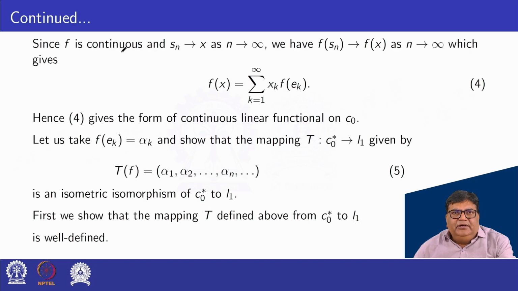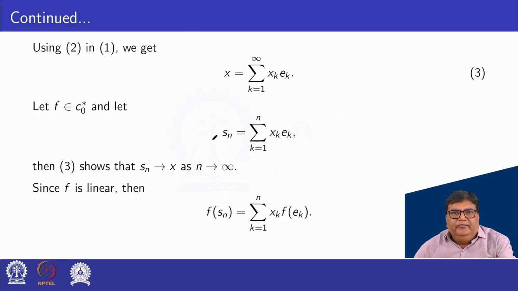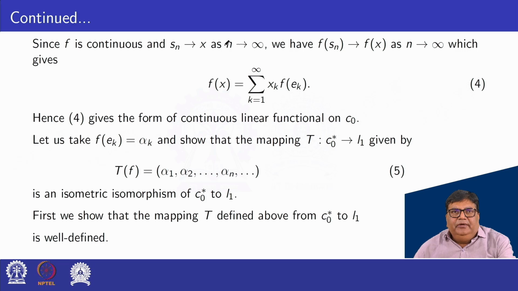Since f is continuous and Sn converges to x as n tends to infinity, we have f of Sn converges to f of x as n tends to infinity, because f is continuous, which gives f of x equals summation k equals 1 to infinity xk f of ek. Equation 4. Hence equation 4 gives the form of a continuous linear functional on C0.